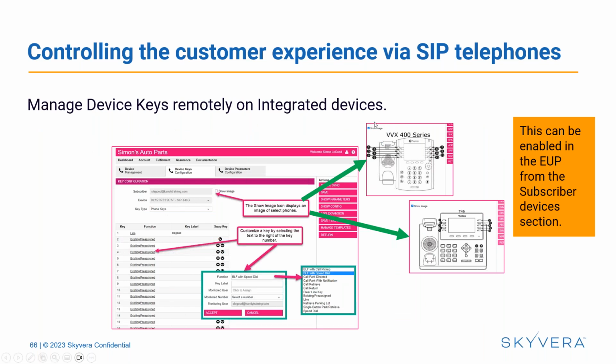So if you're using a Polycom phone or a Yealink phone, this is the interface that you're going to come up with. You can do BLF with speed dials, you can set up call park, directed pickup, or any of those kinds of things remotely from the subscriber list itself. If you click on show image, it'll show you a picture of whichever phone they have set up, and then you can assign those keys based on what you want to do.